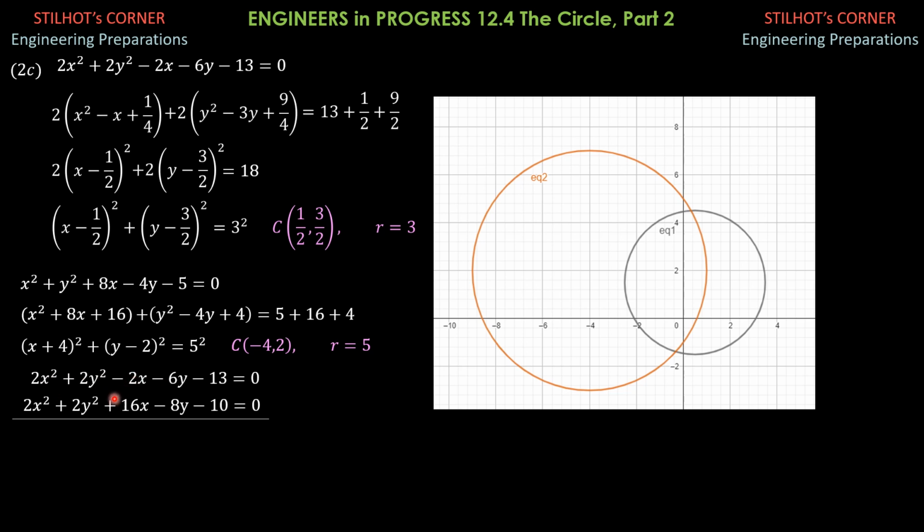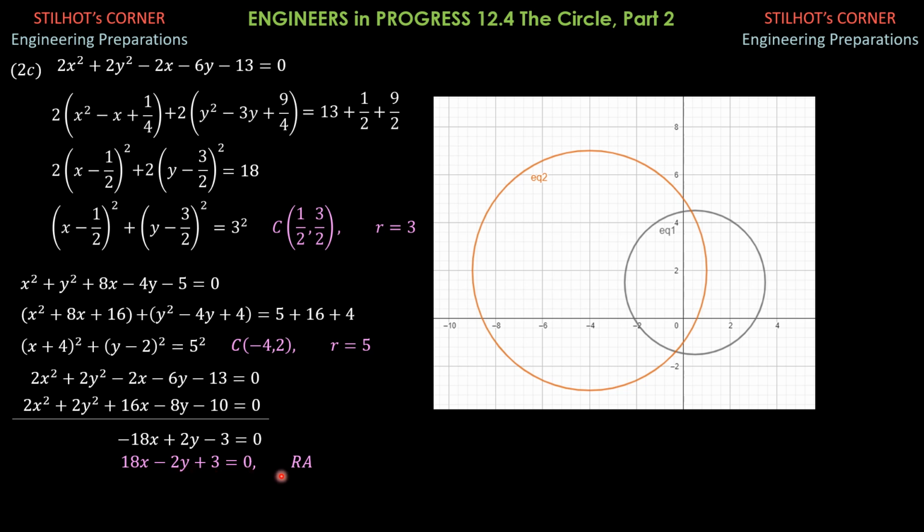So negative 2x minus 16x, negative 18x; negative 6y minus negative 8y, positive 2y; negative 13 minus negative 10 is negative 3. So negative 18x plus 2y minus 3 equals 0, or making x positive, 18x minus 2y plus 3 equals 0. This is the equation of the radical axis.